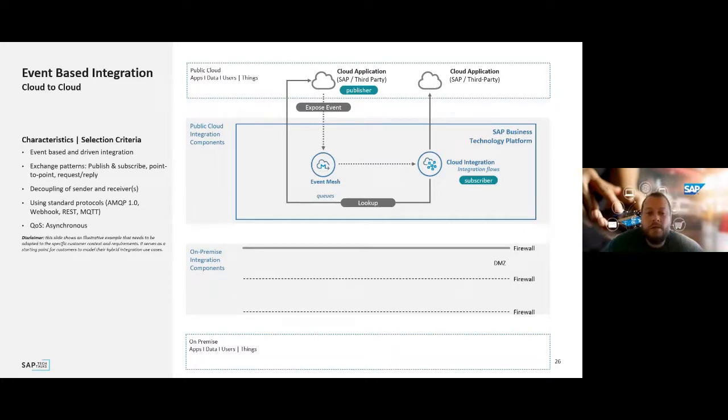Let's take one example, business partner, right? Let's say that a business partner changes in the SAP. In this case, only the business partner ID will be triggered as an event. So if your subscriber or your receiver needs to receive the full payload, it's necessary to have a lookup to fetch this data and then deliver the full message to the subscriber.